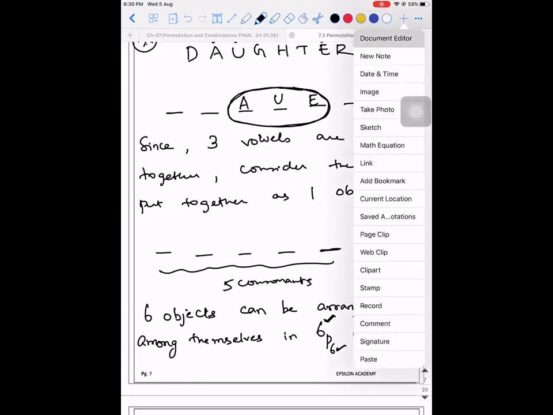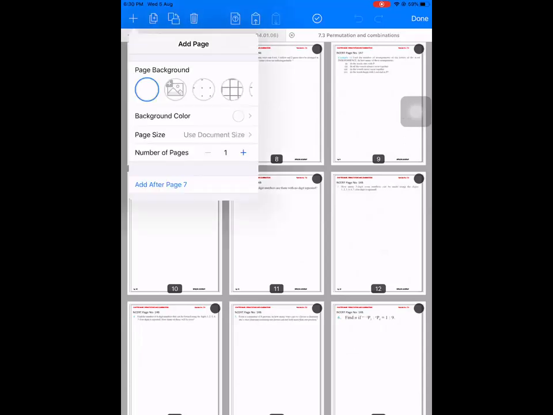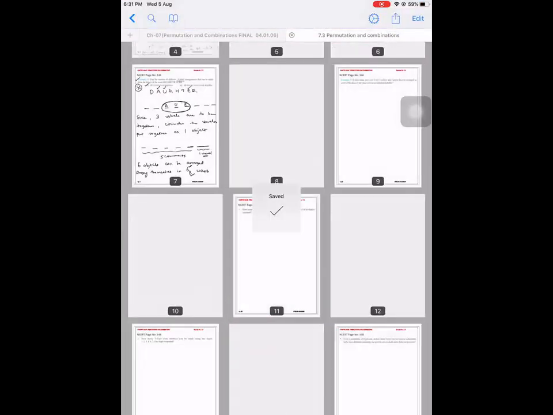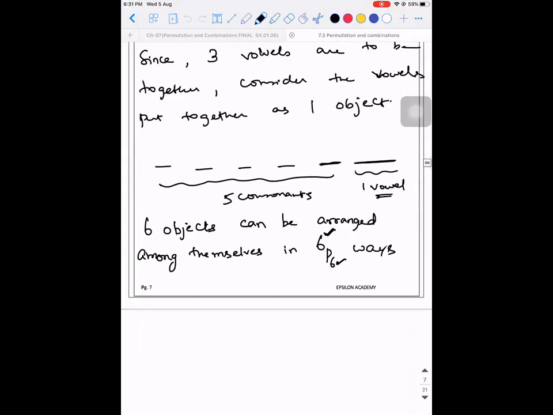Is there any doubt till this step? No, sir. So the 6 objects can be arranged among themselves in 6p6 ways. The 6p6 is also called 6 factorial ways. In your book, they would have written it as 6 factorial.